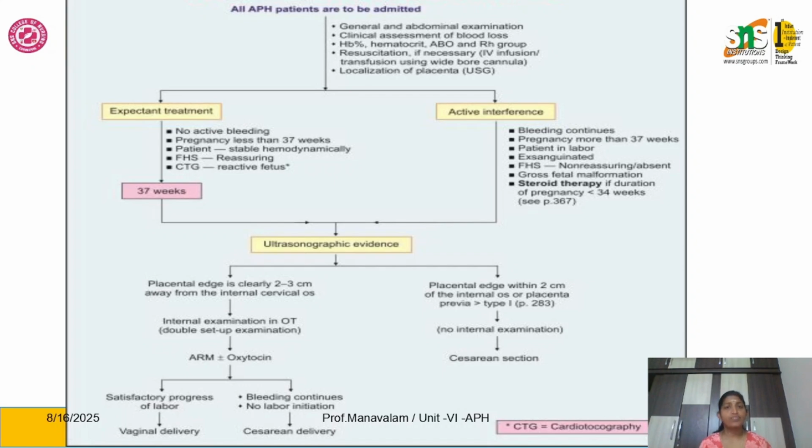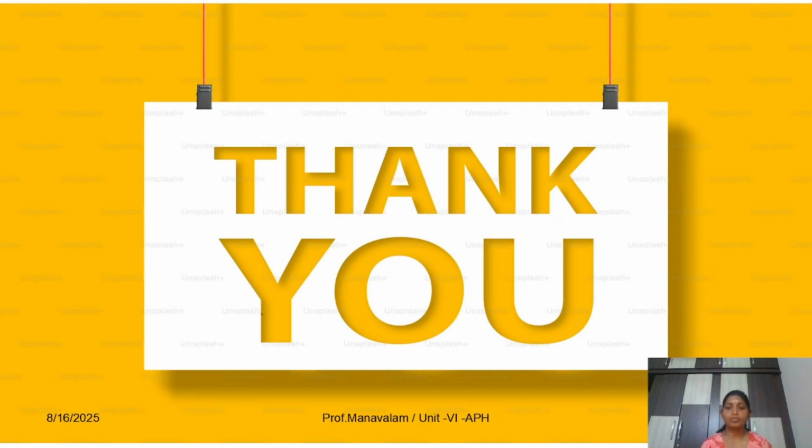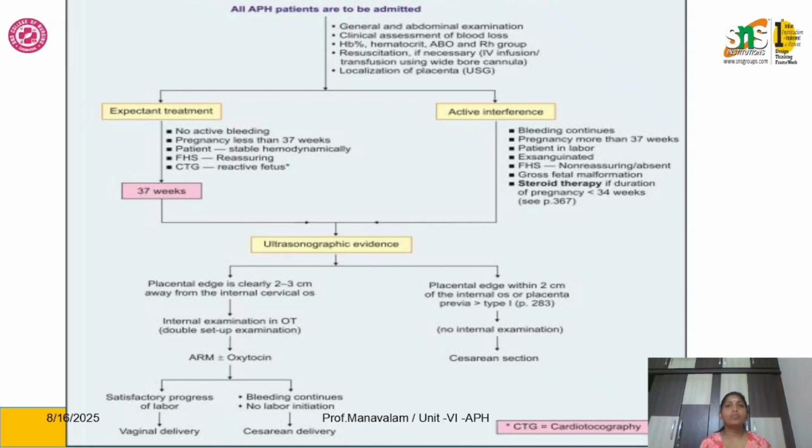If needed, we have to do resuscitation procedures. We have to start IV fluid infusion in order to stabilize the mother's condition. If needed, we have to get ready for blood transfusion. After that, we have to locate the placenta by using ultrasound.